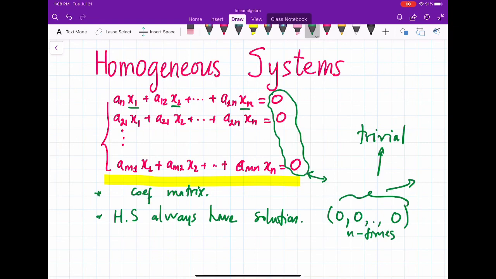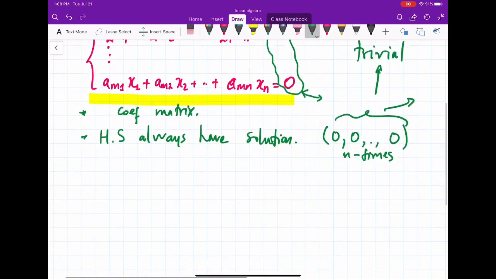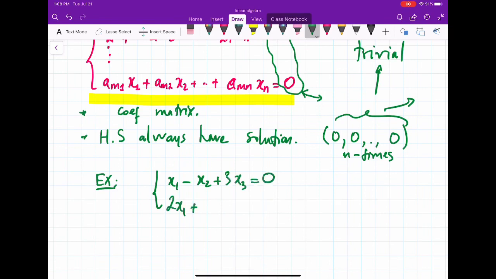But we will use homogeneous systems to solve general systems of linear equations. Let's consider the following example. We have x1 minus x2 plus 3x3 equal to 0, and 2x1 plus x2 plus 3x3 equal to 0.